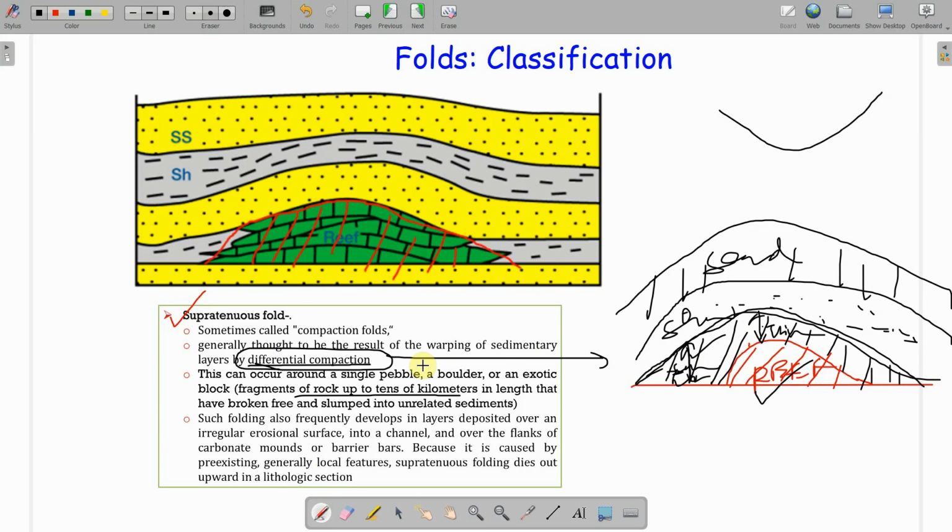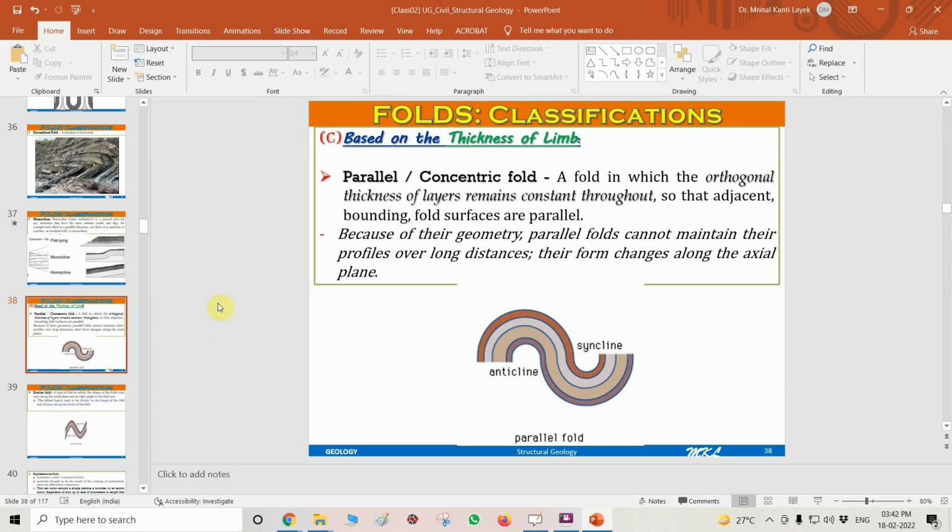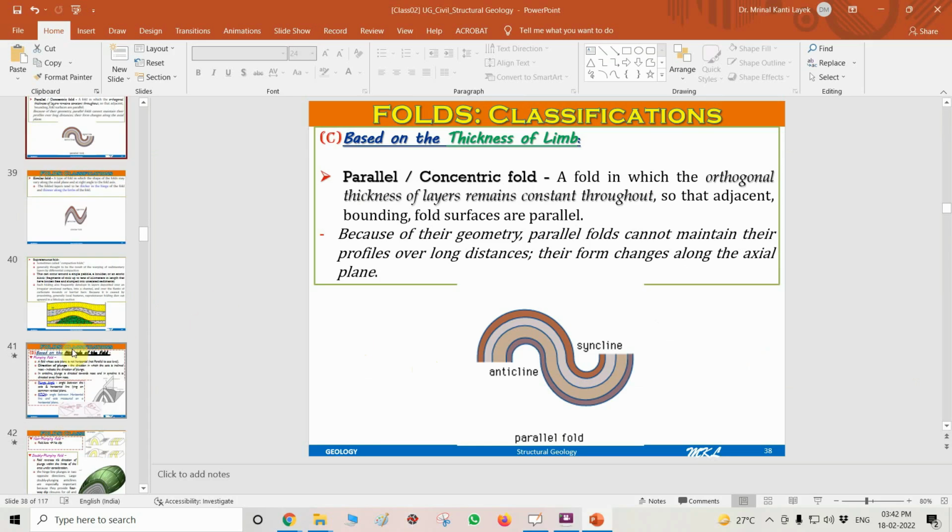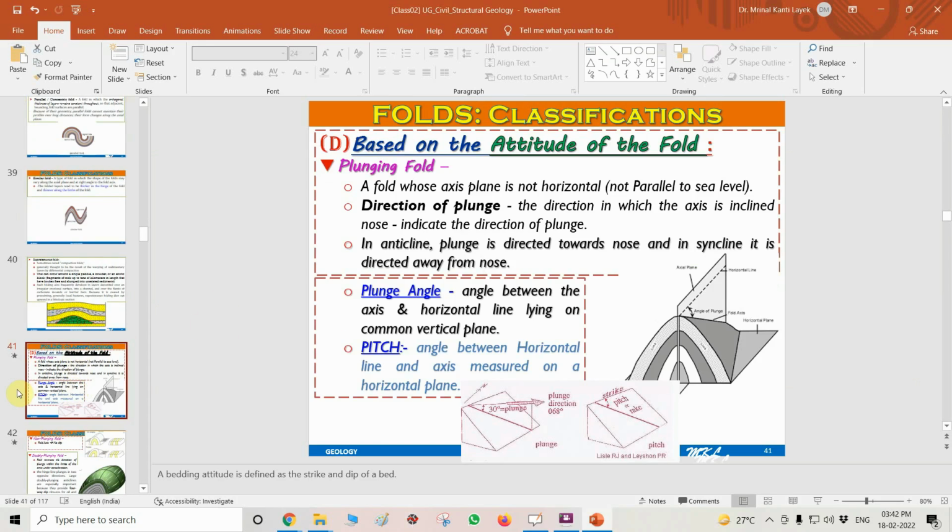Now on the basis of the attitude of the fold, we will be classifying the folds. So what do you mean by attitude of the fold? Attitude means the strike and dip of a plane.